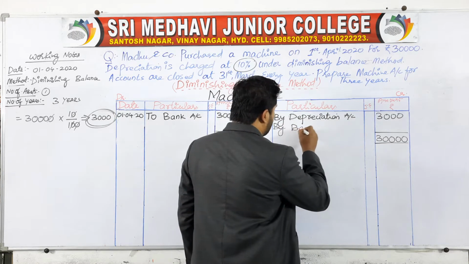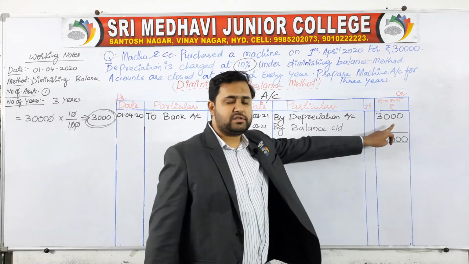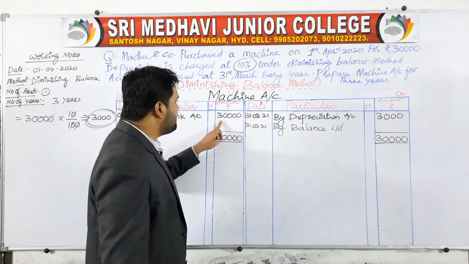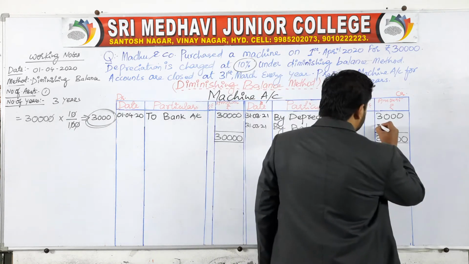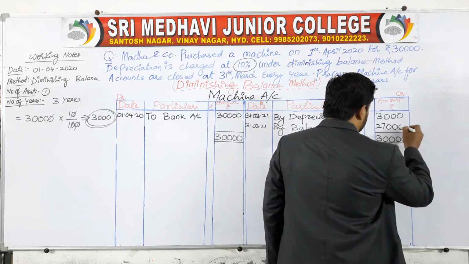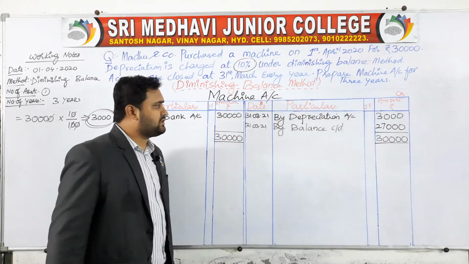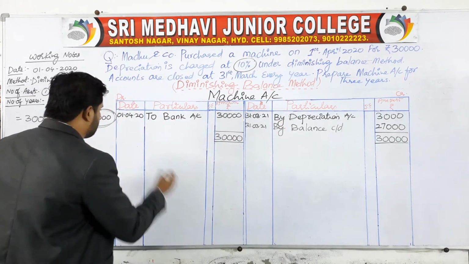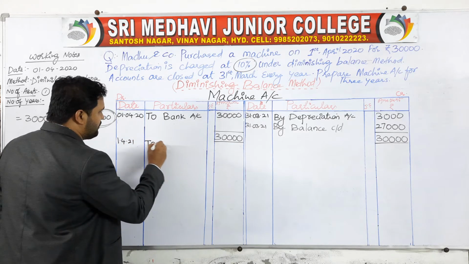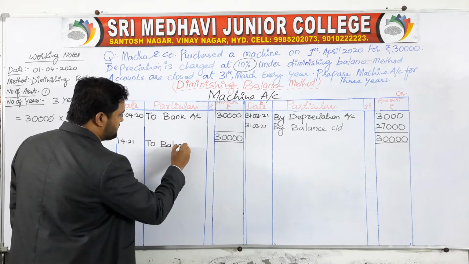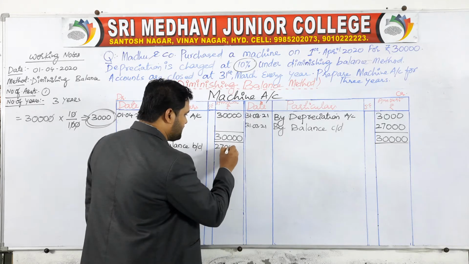Subtract this depreciation amount from the cost of the asset. 30,000 minus 3,000 gives you the balance carried down, which is 27,000. Now transfer this balance on 1st April 2021 to balance brought down. How much? 27,000 is the value.